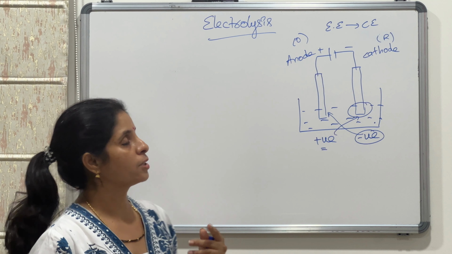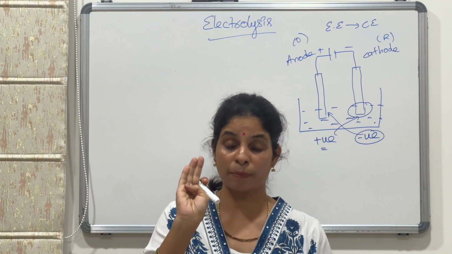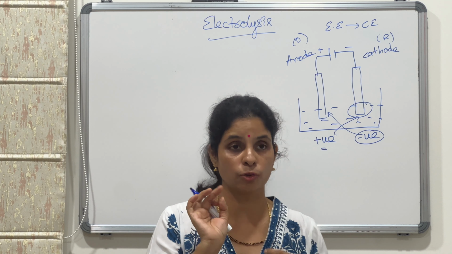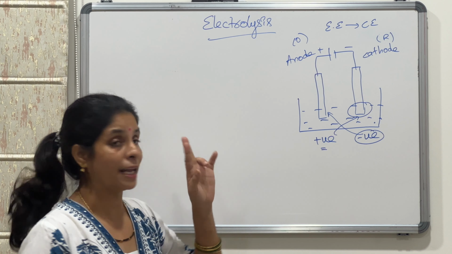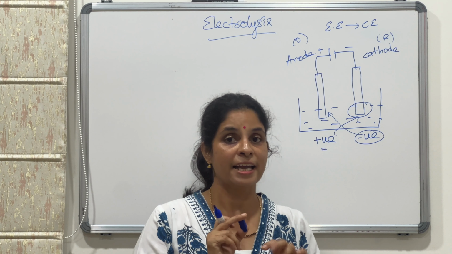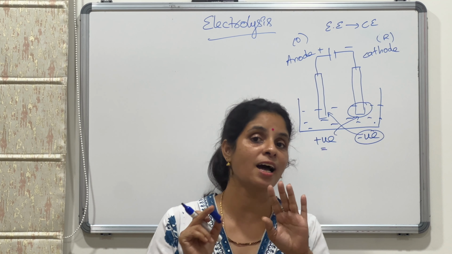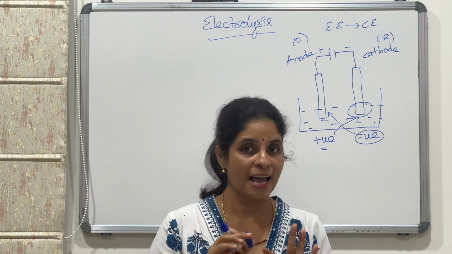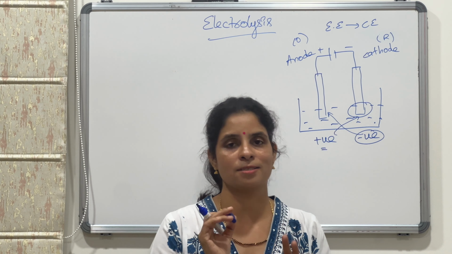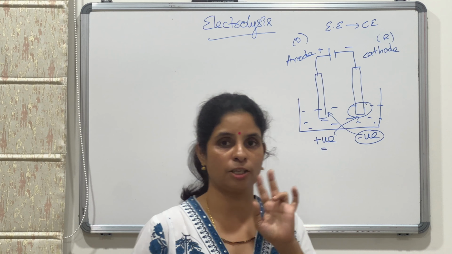To write the products of electrolysis very easily, you have to remember 4 rules. Before going into that, electrodes are of two types: active electrodes and inert electrodes. Inert electrodes will not participate in the chemical reaction. Active electrodes do participate in a chemical reaction. Just keep this major difference in your mind.